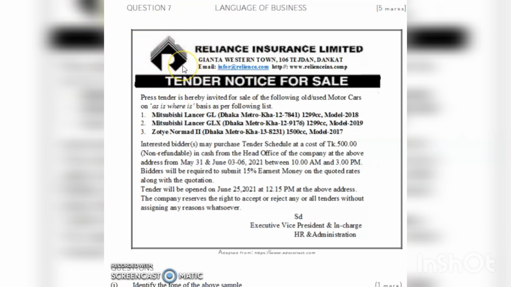If you do not understand what a logo is, for example, for Westpac, you've got the red W. For BSP, it's the bright green. For McDonald's, it's the golden arches or the golden M. Nike, you've got the tick. Those are what we call logos. So this is Reliance Insurance Limited's logo.